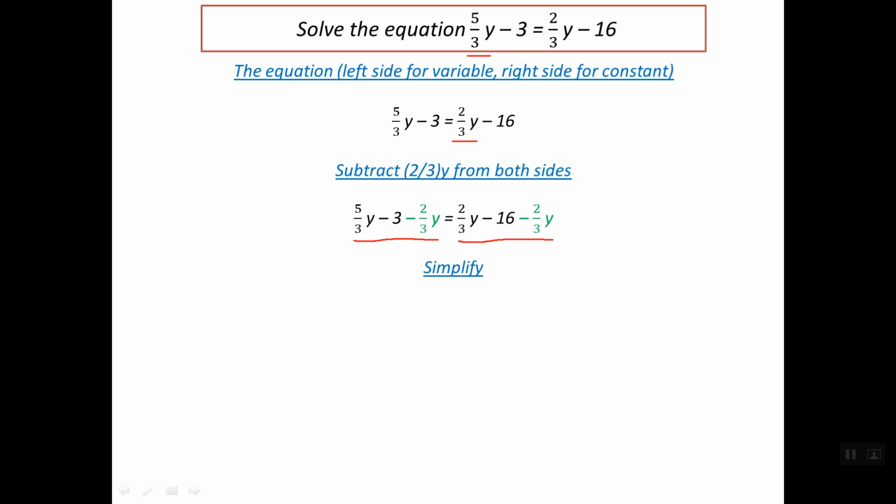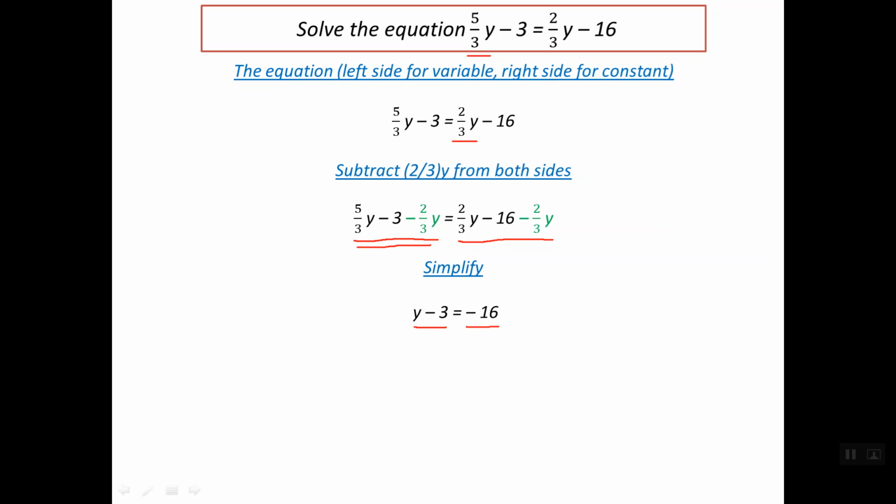So we can now simplify. For the left side, 5 divided by 3 y minus 2/3 y gives us 3 divided by 3 y, which is 1y. So at the left we have y minus 3, and the right side we have minus 16.